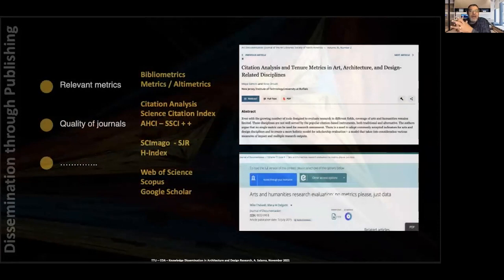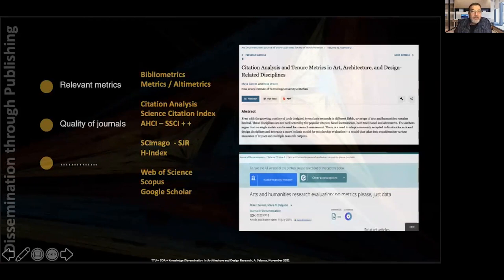Now, understanding some of the metrics is really important. It looks like I'm exceeding the time a bit. So what I'm going to do is probably I will skip a couple of slides, but understanding some of the metrics is really important for dissemination. The reason is that we want to understand the quality of the dissemination channels we are using.